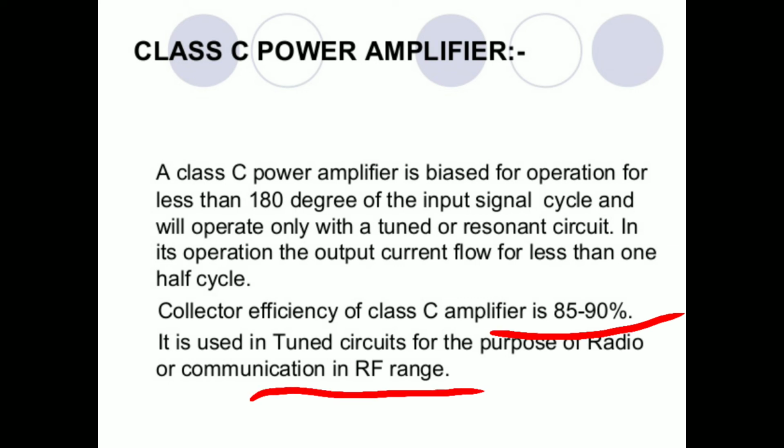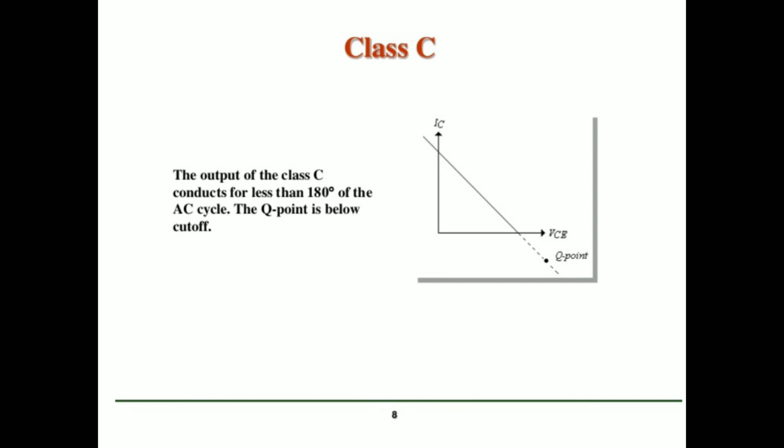Class A and class B amplifiers are used for audio communication circuits, as audio amplifiers. For radio amplifiers, basically we use class C power amplifiers. In class C amplifier, the Q point lies below the cutoff region on the DC load line.